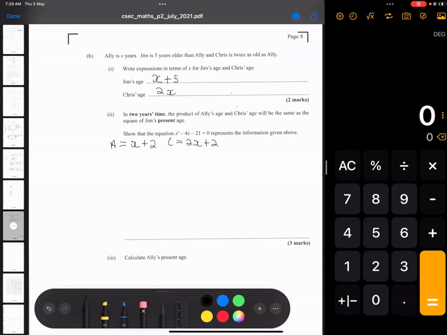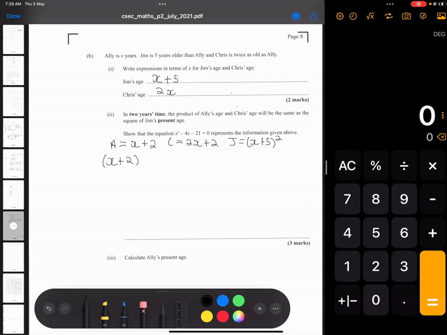The last age now, Jim's, should be written as the square. Alright, so we're going to write J for Jim, and his age is X plus 5. And from the word it says we're going to square his age. Alright, so now we're going to put everything together so that we can show that the equation x squared take away 4x take away 21 is equal to 0.